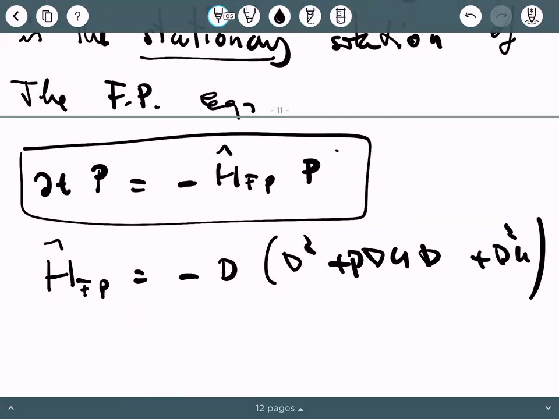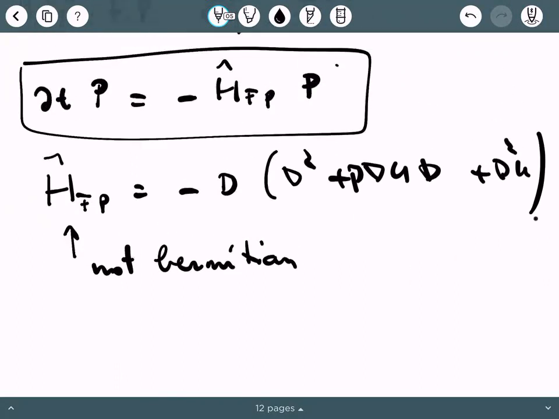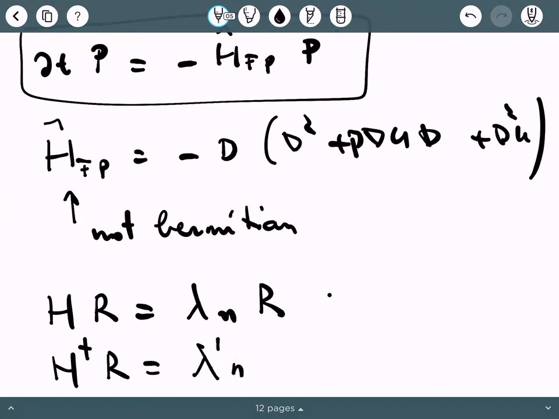Right? Now, we already discussed that this is not Hermitian. And I was asking you to prove it as a homework, right? Am I correct? I'm going to go over it in a moment. But the fact that it's not Hermitian implies that the right eigenstates and the left eigenstates, or if you want, the right eigenstates of the Hermitian conjugate, are not the same.